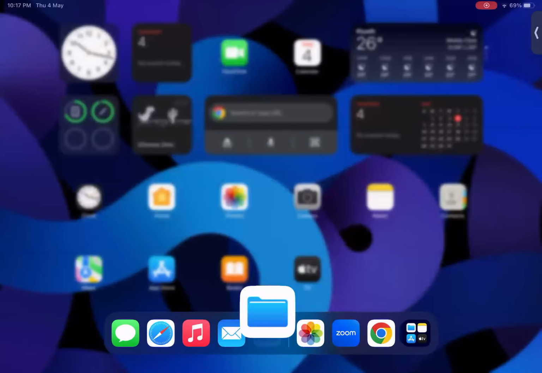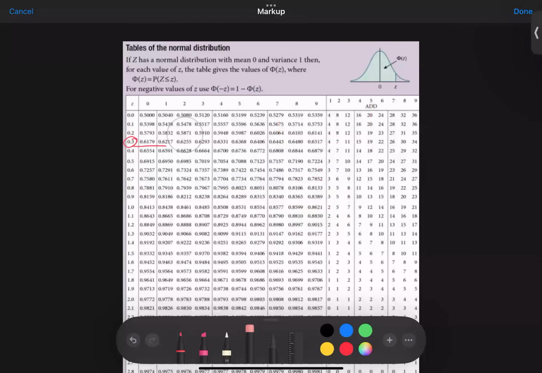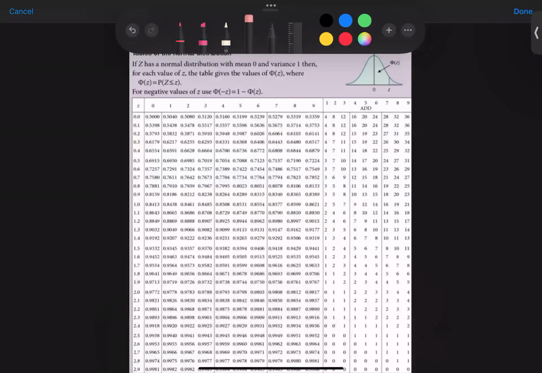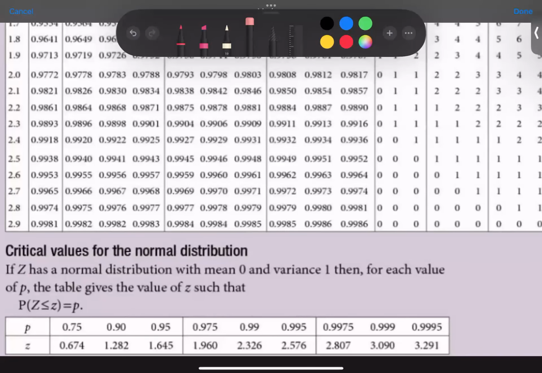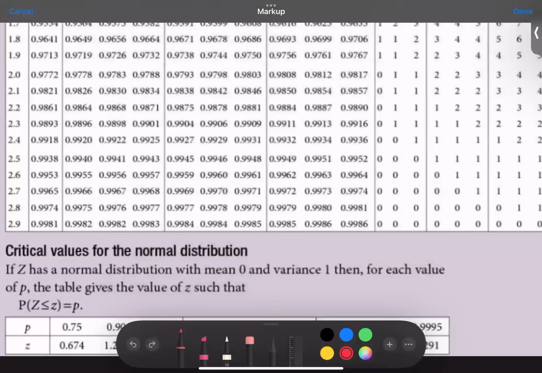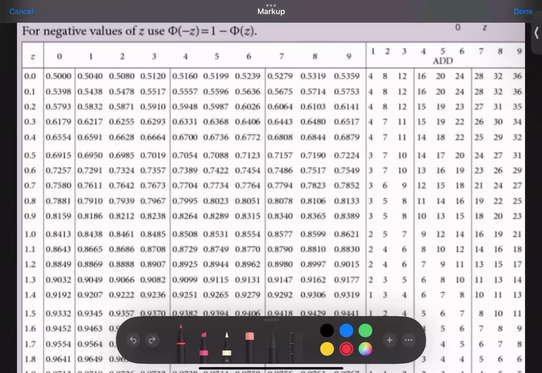So let's check 0.8. Students, sometimes below the table some values are given, but they're not mentioned here. Sometimes 0.8 is not mentioned in the table, and sometimes it is given. Anyway, coming back, from here I see 0.7995, and going onwards it becomes bigger.